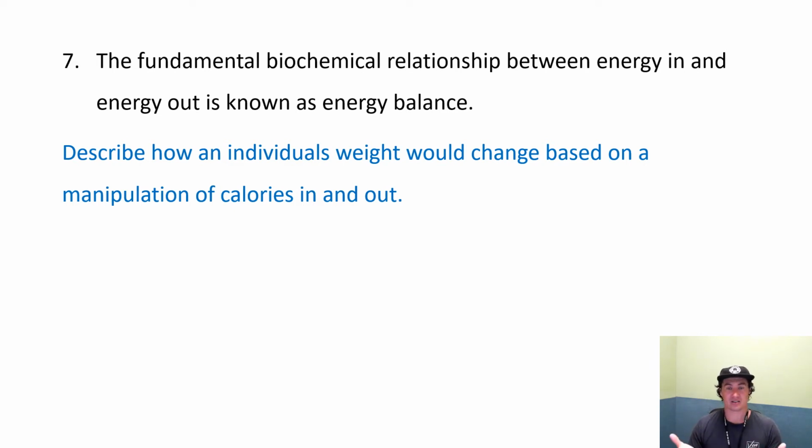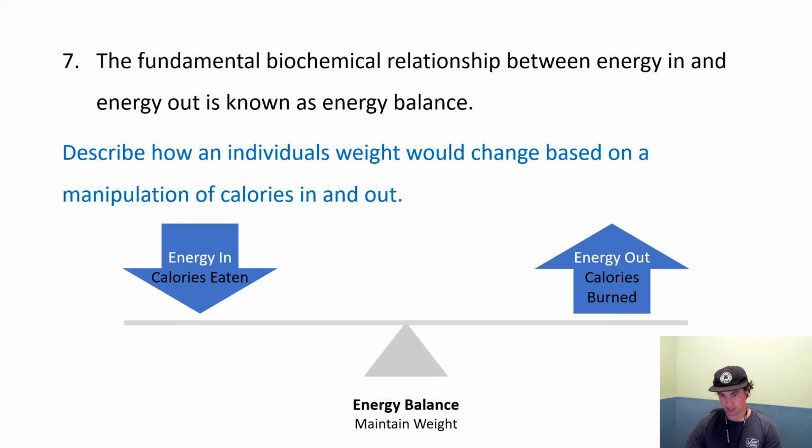And that balance is quite a simple concept to understand. If we can match or manipulate either of those, we can change the structure or the mass of our body. So the question here is, describe how an individual's weight would change based on the manipulation of calories in, calories out.